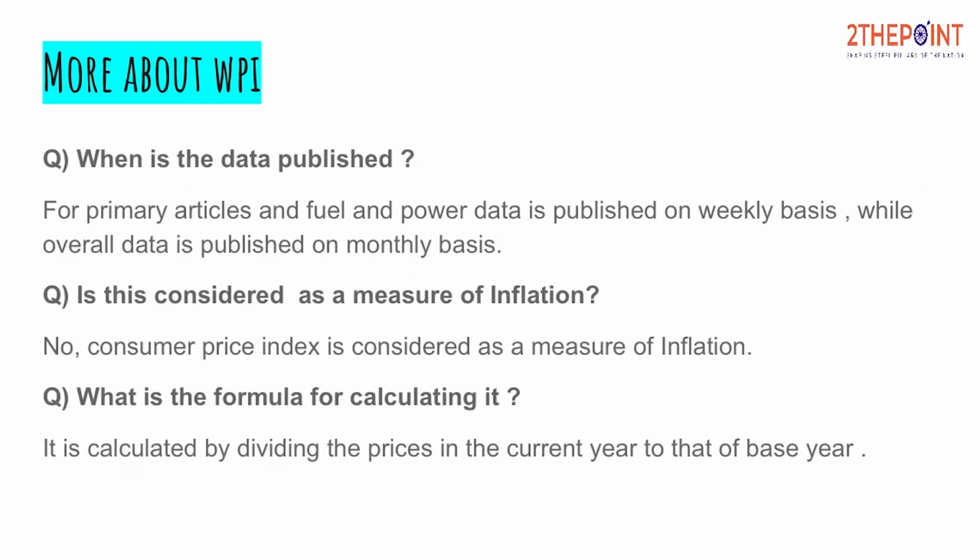When is this data published? For primary articles and fuel and power, the data is published on a weekly basis, whereas when we publish the data collectively, including the food and non-food items, the manufactured ones, and the fuel and power ones, it is on a monthly basis. It gets published in newspapers, and the publishing authority is the Office of the Economic Advisor, as we read in the previous slide.